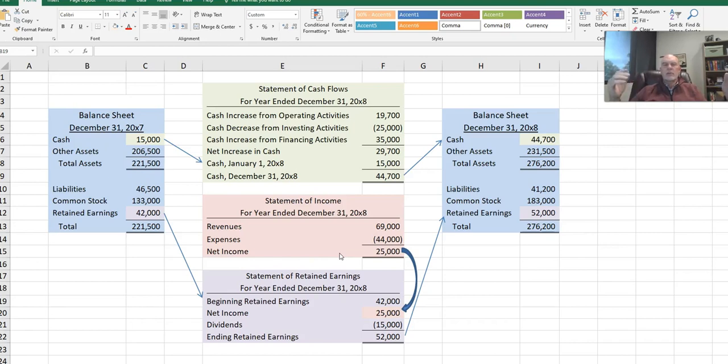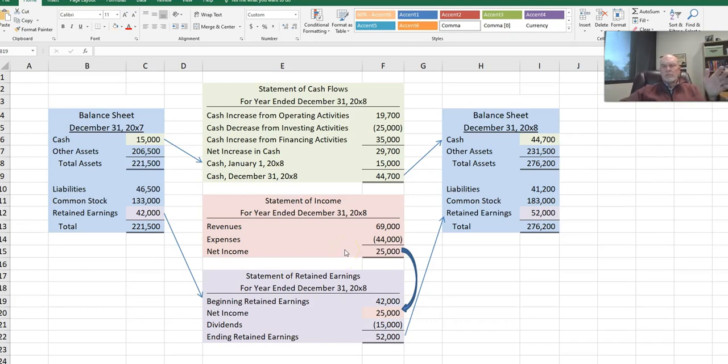Under the accrual system, revenues are recorded when we do the work, and expenses are matched against those revenues to reflect resources that were consumed during that period of time. So neither of those directly reflects how much cash was paid or how much cash was received. That's what we're going to do with the statement of cash flows.